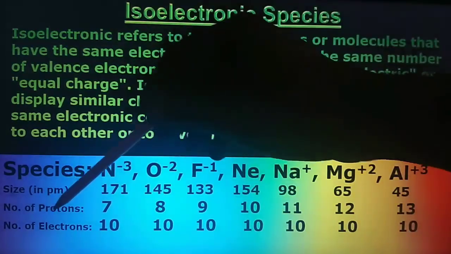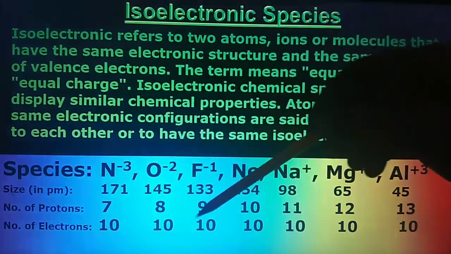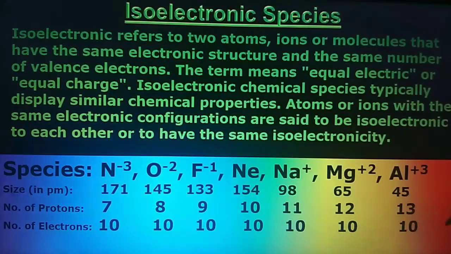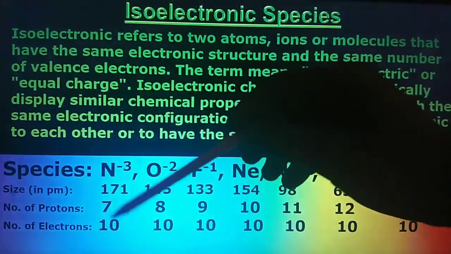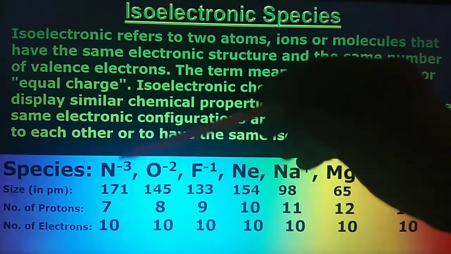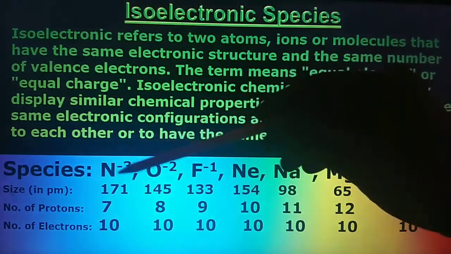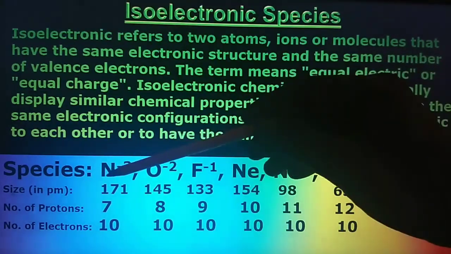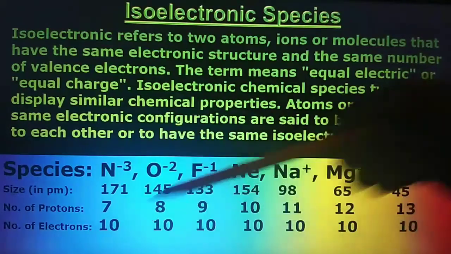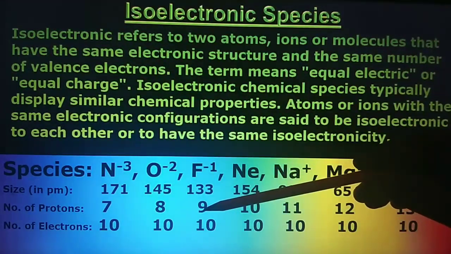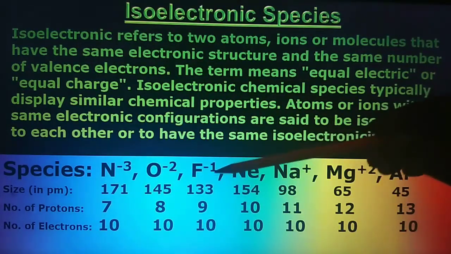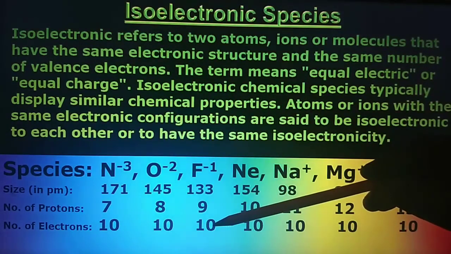Now the number of protons, if you observe that 7, 8, 9, 11, 12 and 13, that means the number of protons are increasing, and the number of electrons in this case is 10, because 7 electrons of nitrogen and the 3 additional electrons gained by the nitrogen make 10. Similarly for fluorine there were 9 electrons, and when it gains 1 electron it becomes a total of 10 electrons.